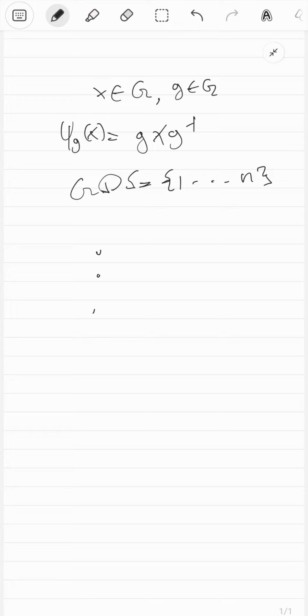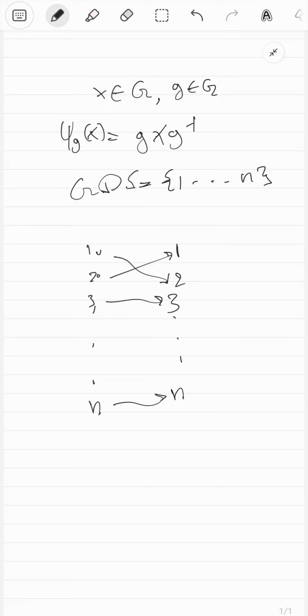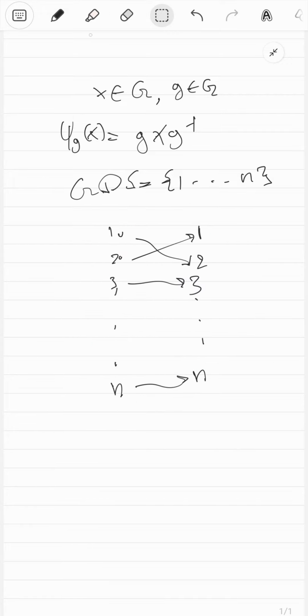But yeah, so you have 1, 2, 3 all the way to n, all these elements, and then x is going to do something to these elements. So maybe 2 gets sent to 1, 1 gets sent to 2, 3 gets sent to itself, maybe n gets sent to n itself. We have no idea. So in general, you can write this sort of mapping as a permutation.